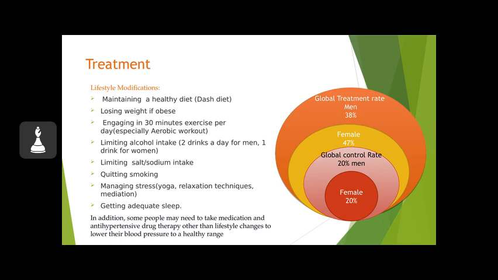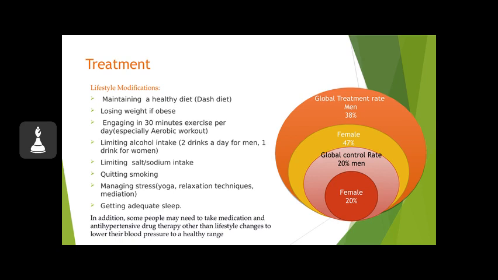Also, losing weight based on your weight and height, engaging in 30 minutes of exercise per day, especially aerobic workouts, and limiting alcohol intake. It is recommended for men to have 2 drinks and for women 1 drink. Limiting salt or sodium intake, quitting smoking, managing stress through yoga, relaxation techniques, meditation, or other methods, and getting adequate sleep.